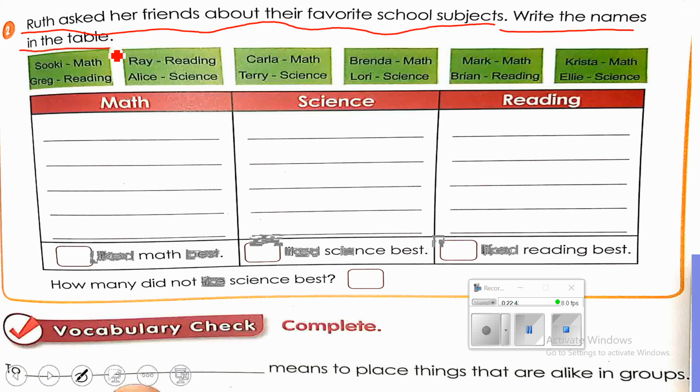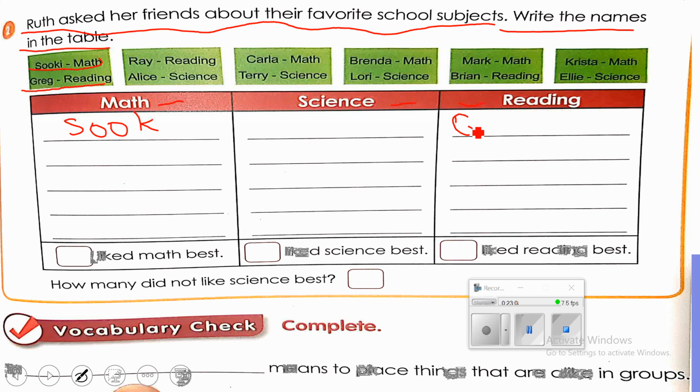So let's see now. Here at the first we have three subjects. Here we have math, science, and reading. Let's see. Suki loves math, so I write Suki here. Let's see the next. Third, reading. Where is reading here?